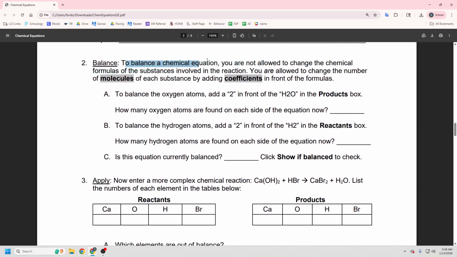To balance a chemical equation, you are not allowed to change the formulas of the substances involved in the reaction. You are allowed to change the number of molecules of each substance by adding coefficients in front of the formulas. That is kind of wordy.